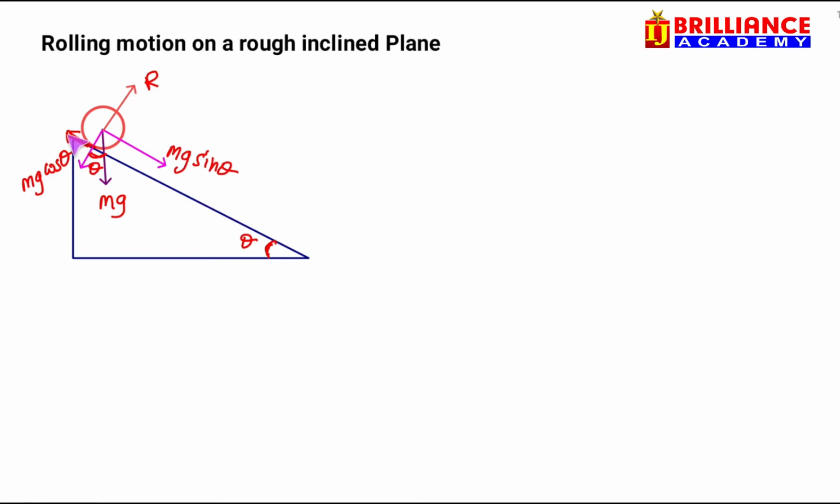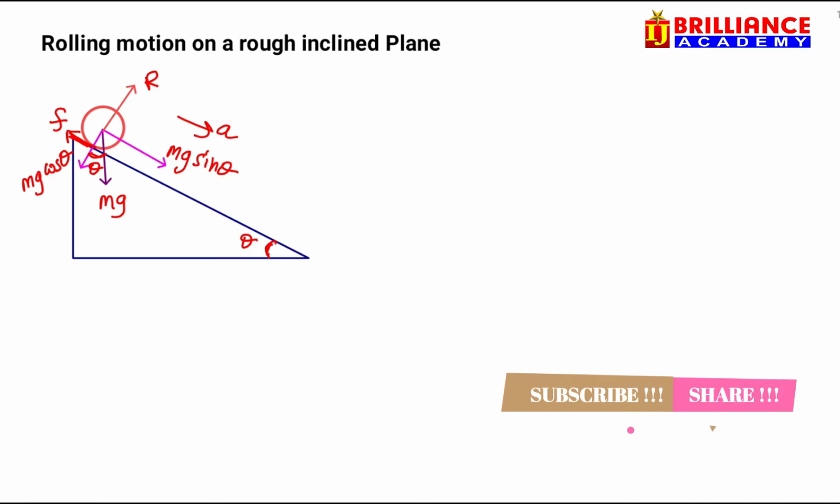The friction force. You know, friction always acts opposite to the direction of motion. So this body is rolling down, so friction is basically acting in this way. So this body comes down with the acceleration a.